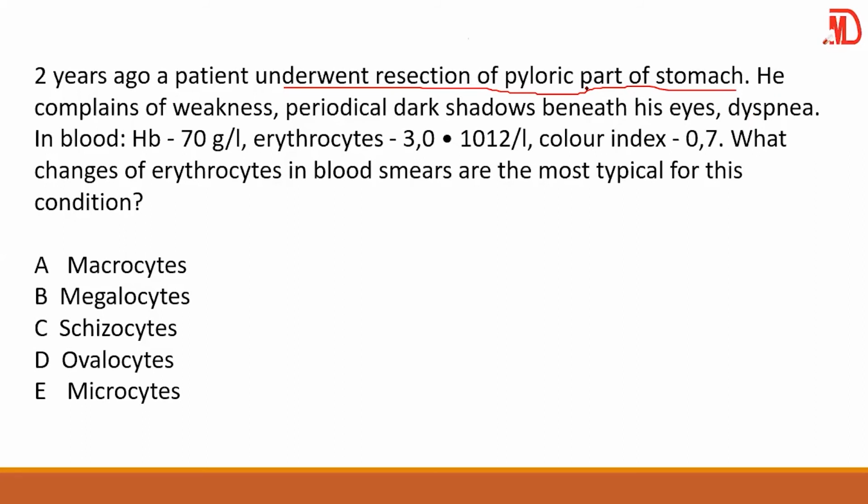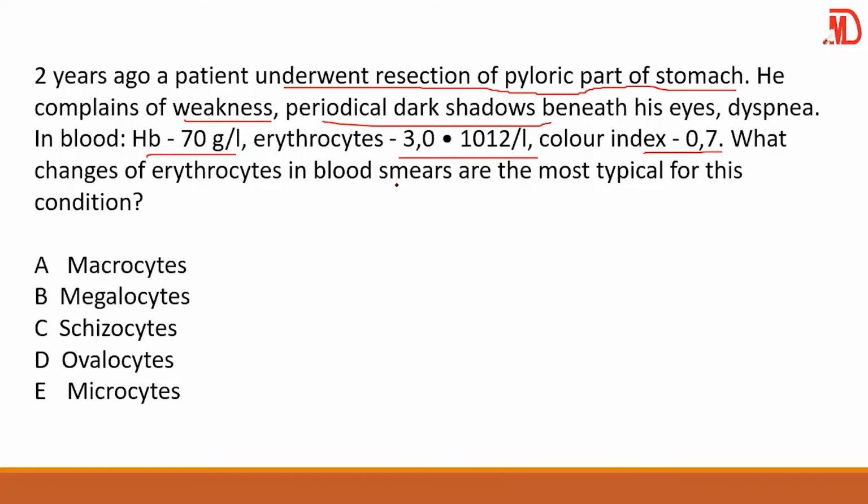Now he complains of weakness, periodical dark shadows beneath his eyes, dyspnea. Hemoglobin is 70, erythrocyte color index is low. What changes of erythrocytes in the blood smear are the most typical for this?